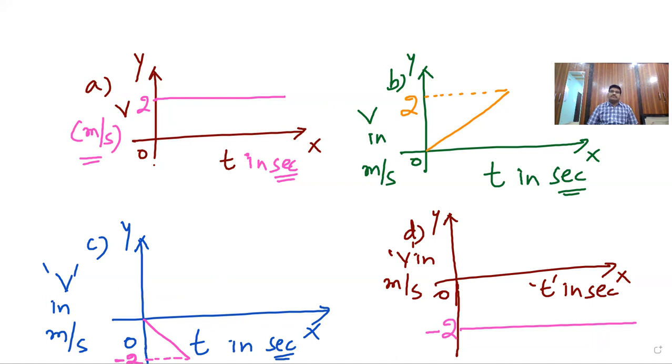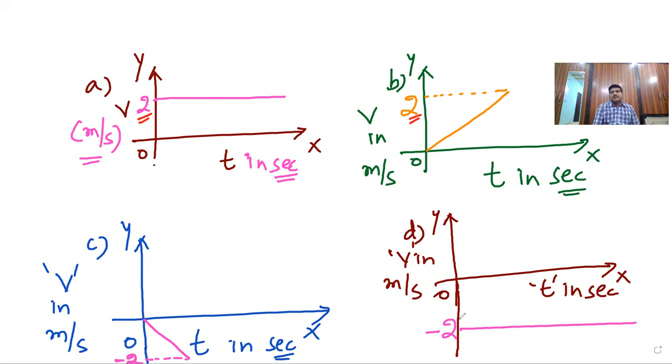In the first option, the velocity is positive, 2 meters per second. In the second option, velocity is positive, 2 meters per second. In the third option, the velocity is negative, -2 meters per second.